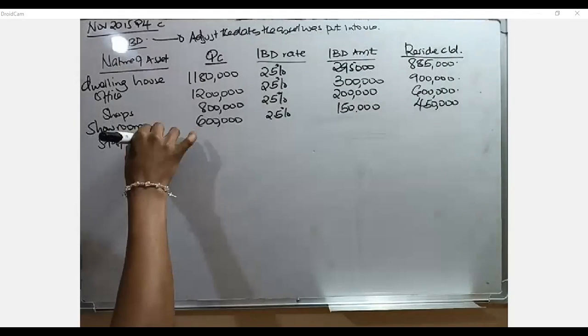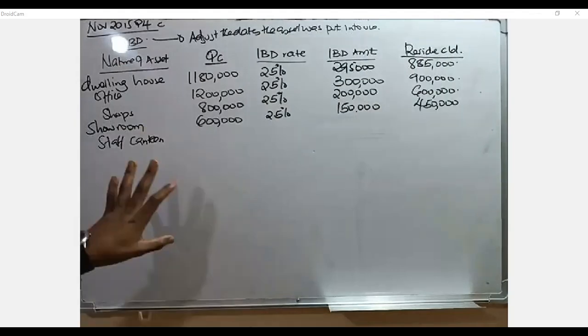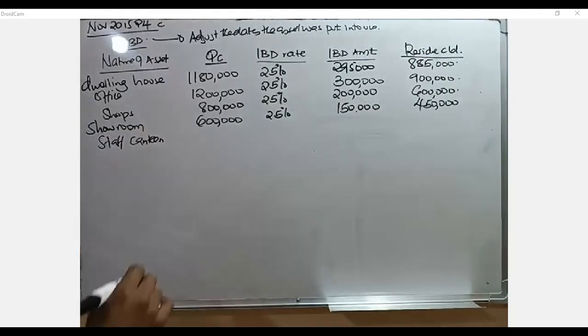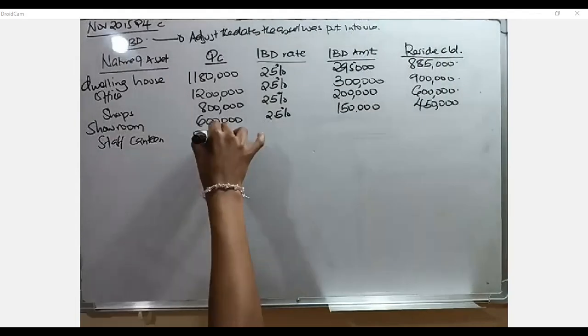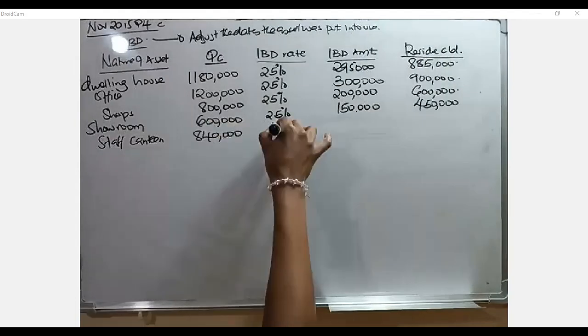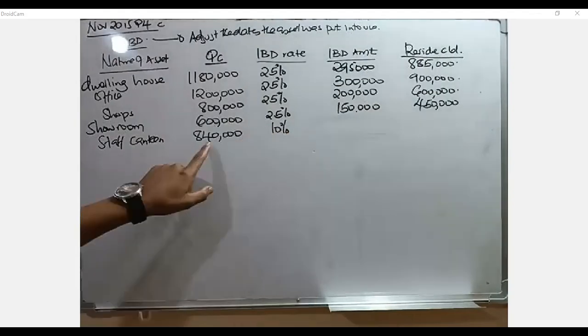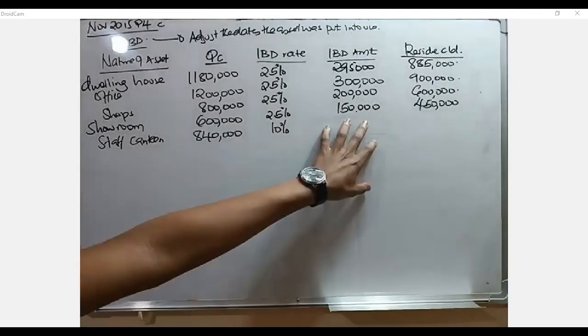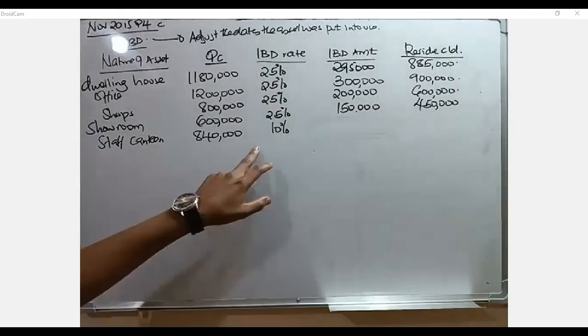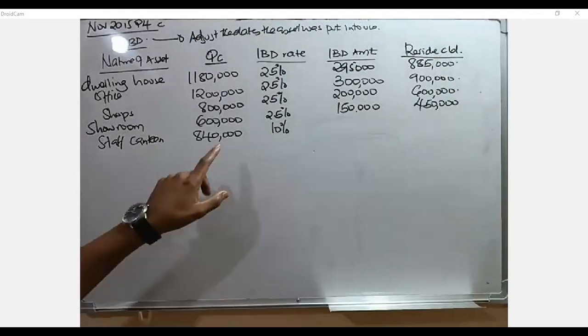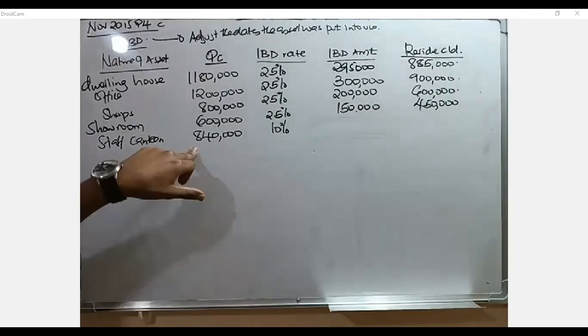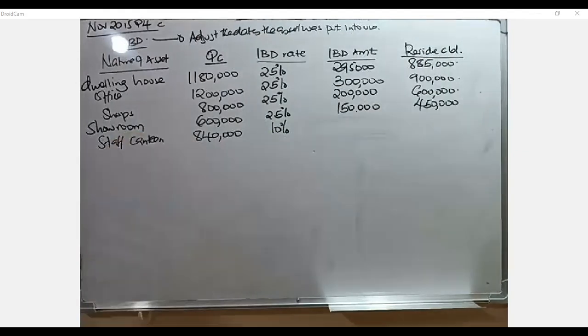Staff canteen, the qualifying cost is the one given by the examiner, which is 840,000. The IBD rate is 10%. So in this case, the IBD amount is going to be a portion. It is not for the whole year because this asset was put into use during the year. So I say 840,000 multiplied by 10%.